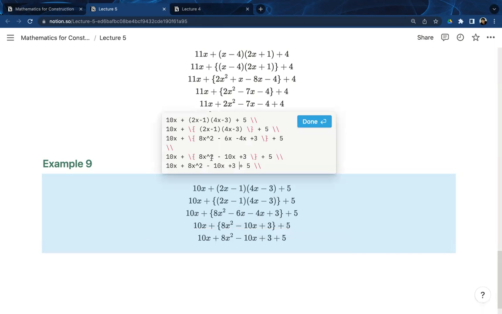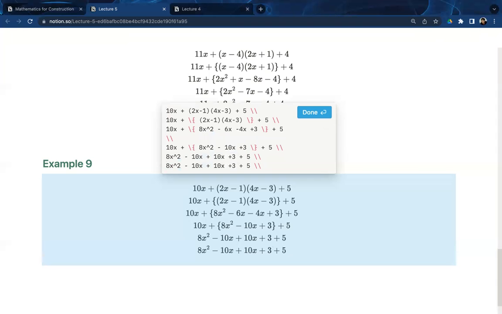a question where you could move like terms around. Okay, so plus 10x minus 10x, this will go to 0. So this is 8x squared plus 8, because minus 10x plus 10x is 0.